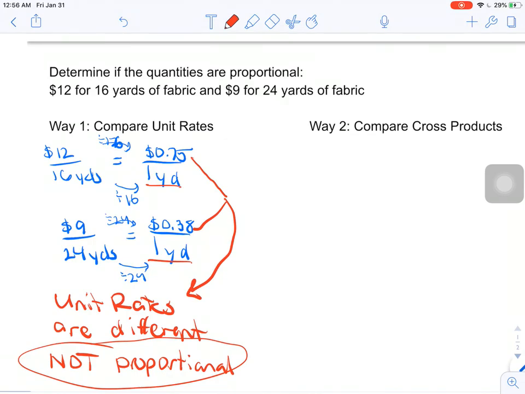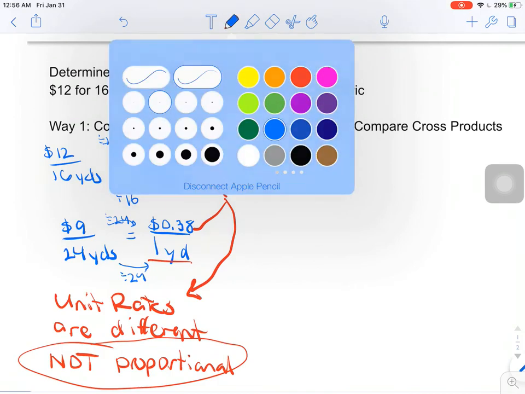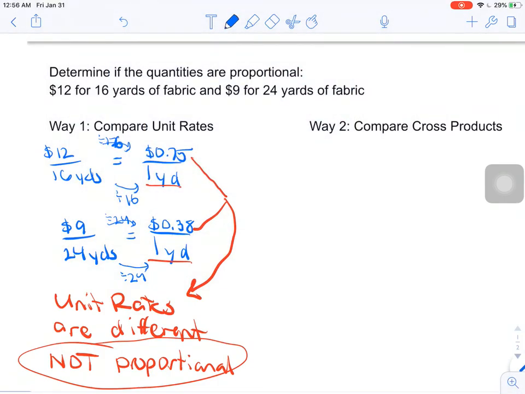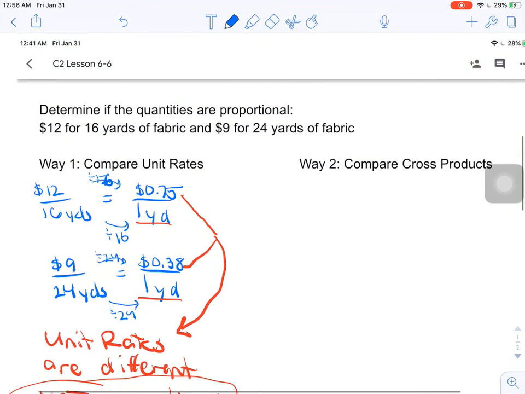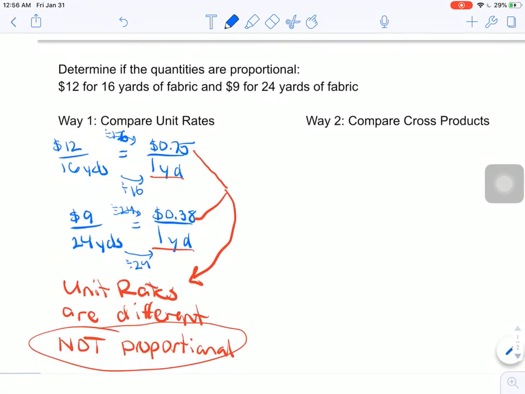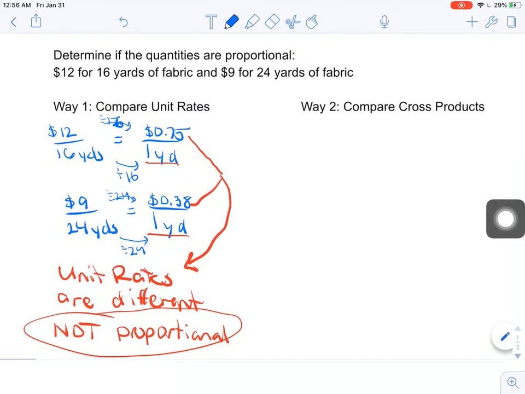A second way that you could do this would be to use our cross multiplying or our cross product strategy. That strategy works based off of this idea that we're making a common denominator that's going to make the denominators and the numerators the same. So in other words, it will make the two rates exactly the same.